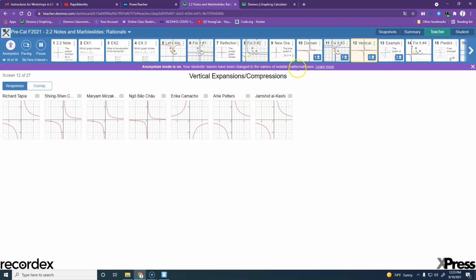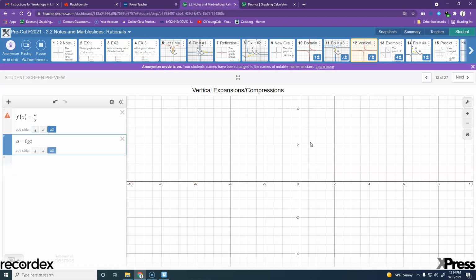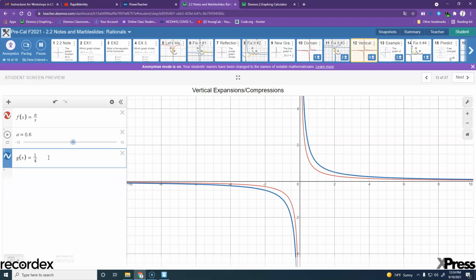All right, vertical expansions and compressions. I just want us to play with this a little bit. So I'm actually going to add C of x equals 1 over x, just to have something to compare it to.